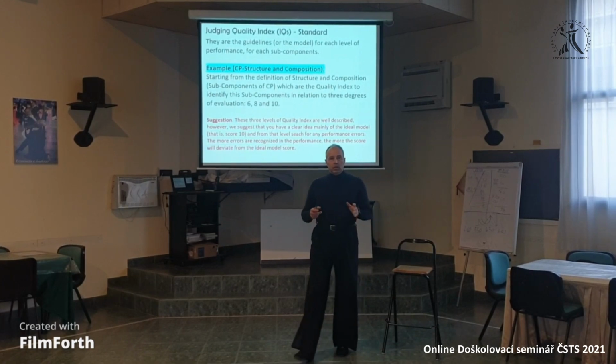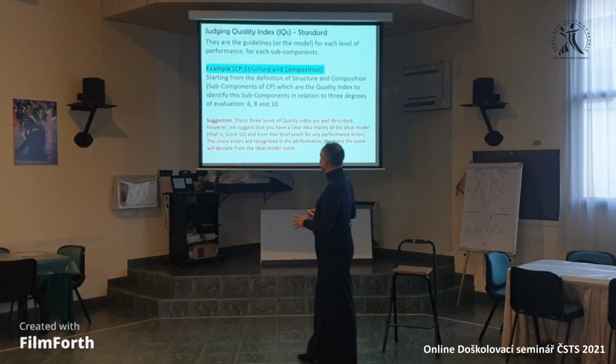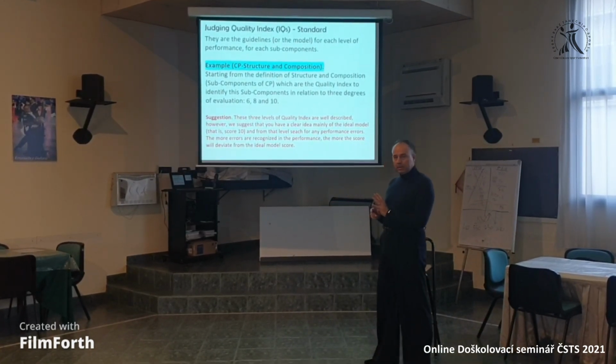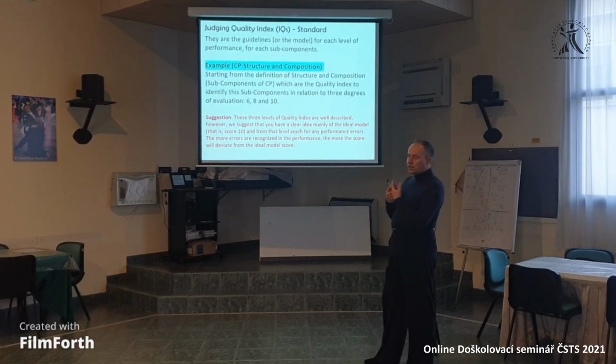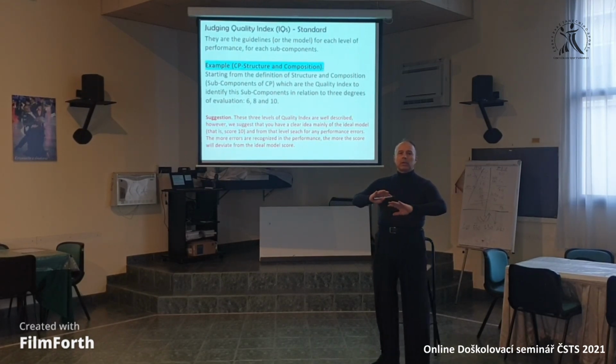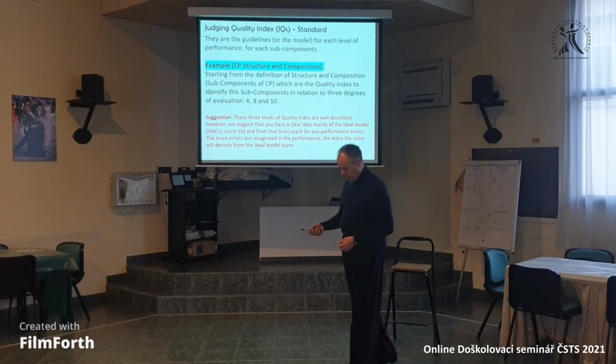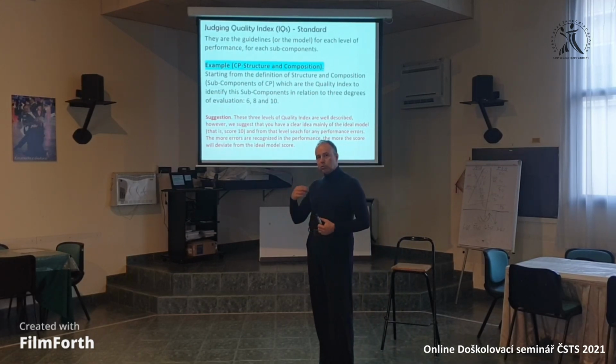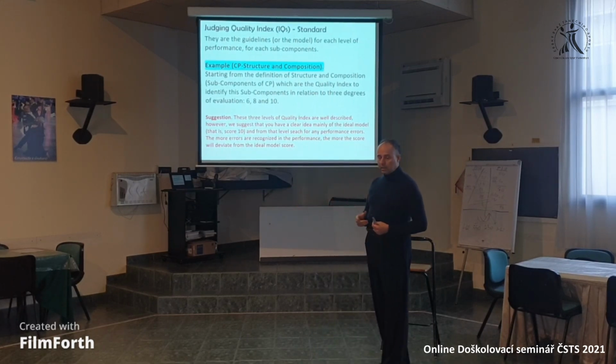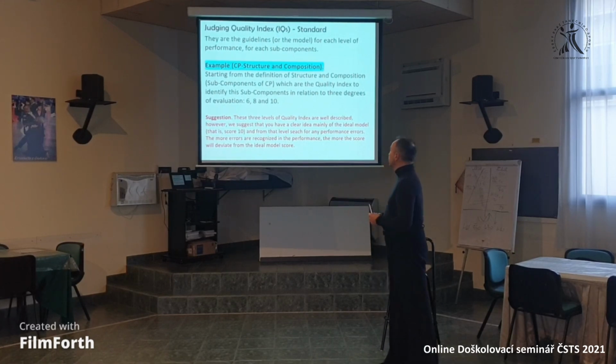Okay. Now we are going to describe this element, which is the judging of the quality. So we go out from the subcomponent. We start to speak about the quality index, what the manual describes as indicative qualities, IQs.